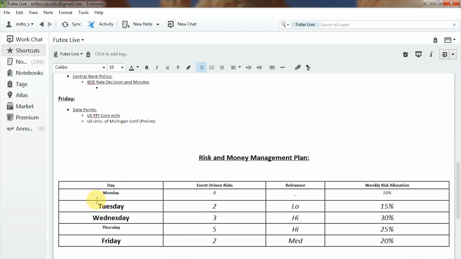Looking over at Friday, we've got the US PPIs, the core PPI figures, relatively important figure. Obviously, purchasing power is going to be coming into a bit of focus as inflation is really on high alert for the Fed. If we do get higher numbers in PPI, particularly CPI, but PPI could also play an important role.